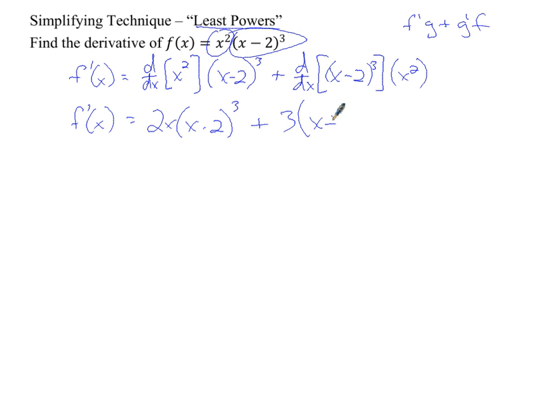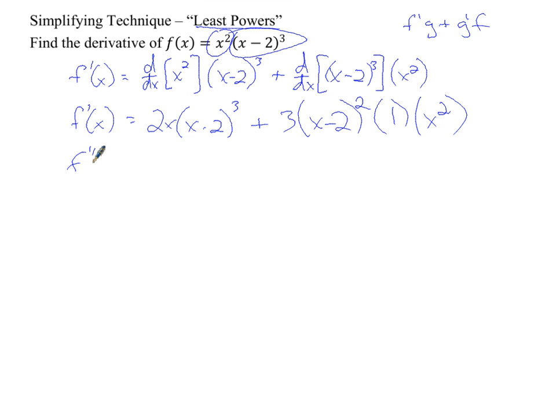The x minus 2, the thing inside stays the same. The exponent decays by 1 times the derivative of what's inside, which in this case is 1. And then don't forget, you're also multiplying times x squared at the end. Okay, now the calculus is over. It's just algebra from here.